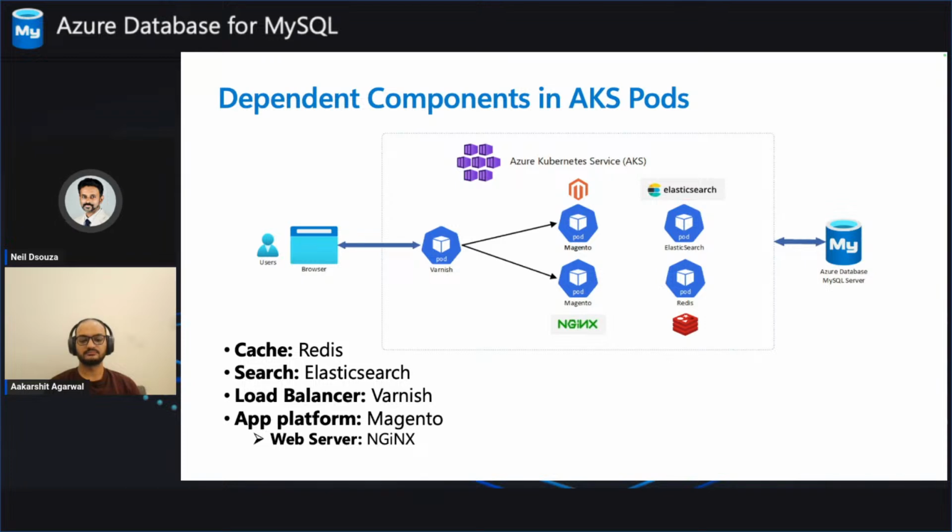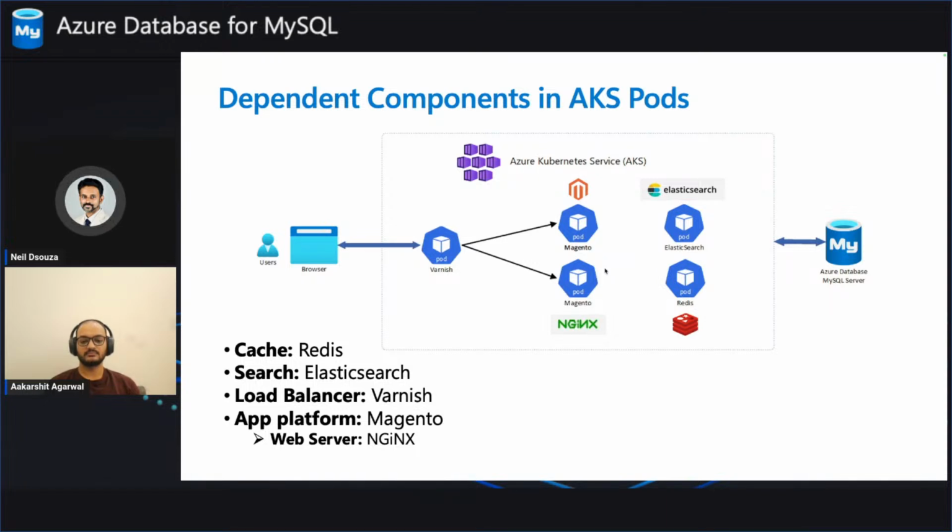Any end user reaching the Magento application will hit this first, and it can redirect the requests to the actual Magento containers. AKS has built-in capability to scale up and down based on the workload. So you may see one Magento container or pod running, or there may be multiple ones running, with the web server also part of that component.